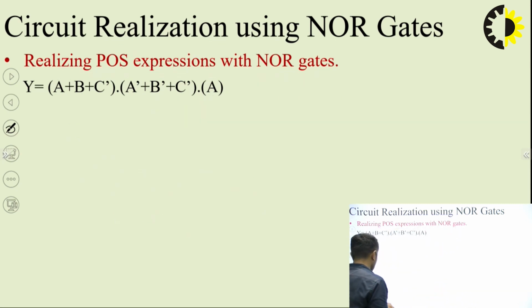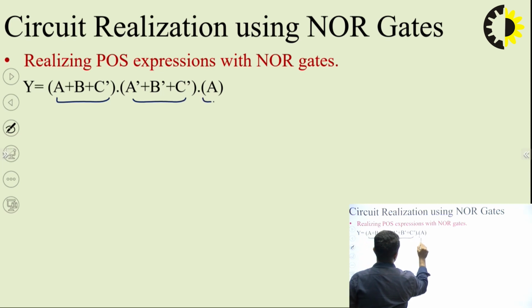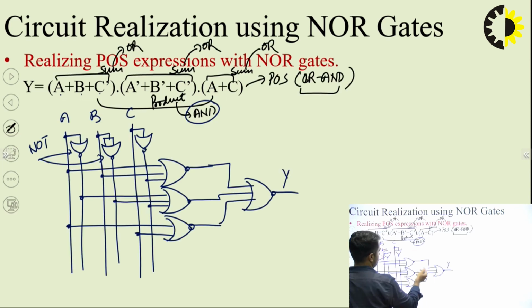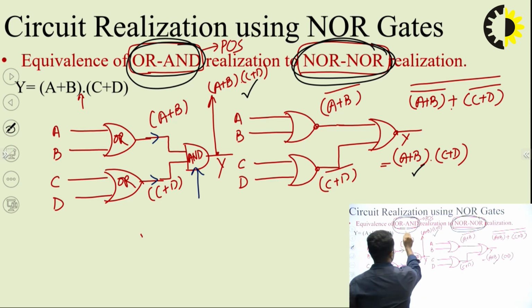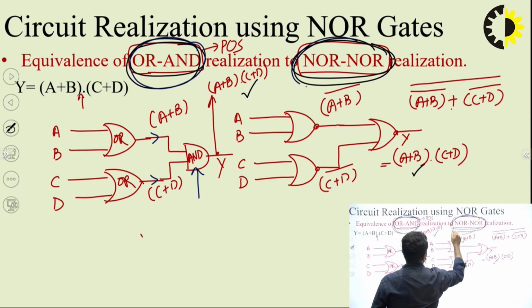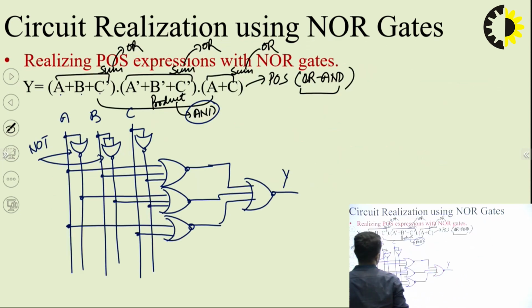But now again we have to keep in mind that all the inputs which reach the final AND gate, here you can see that all the inputs which reach this final AND gate are coming from the outputs of OR gates. Only then this OR AND can be equivalent to NOR. Okay.